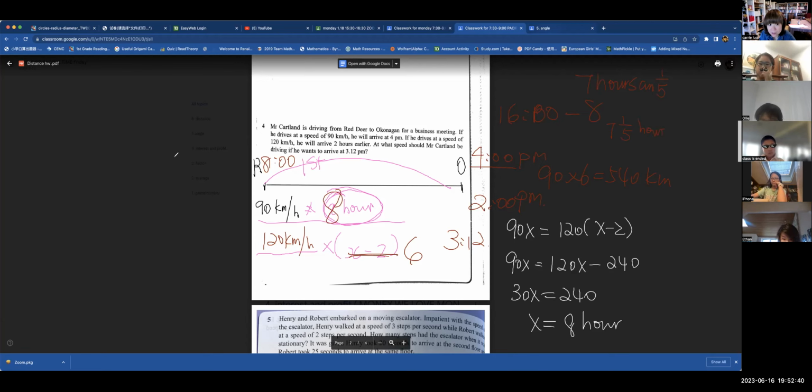So how do we do it? 720 divided by 7 and 1/5, which is 36 over 5, equals 720 times 5 over 36. So the answer is 100 kilometers per hour.